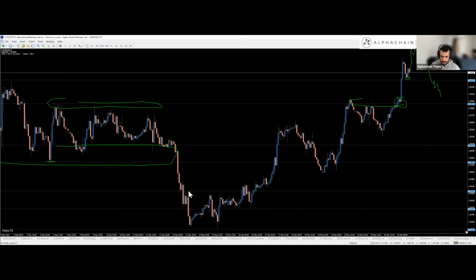Basically, price broke this level, reacted from in here, and now carried on to the upside. So after the break of these highs and these ones, we have a higher high, a new high being broken, a kind of confirmation for price to carry on to the upside.